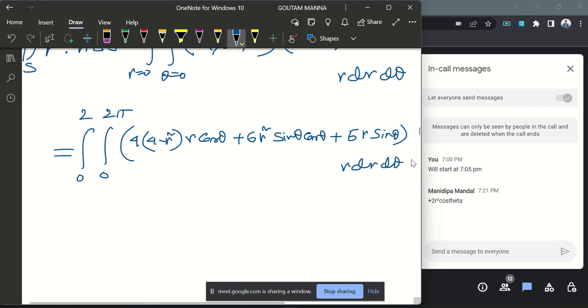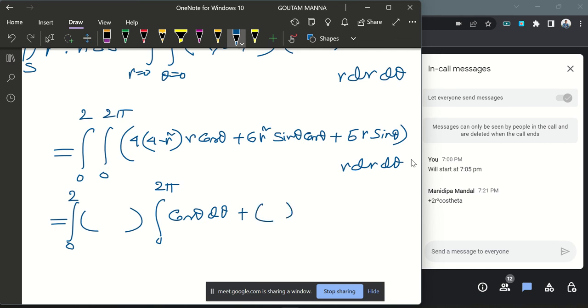So now if we do this theta integration first, there will be some r dependent function, and then the cos theta integration from 0 to 2 pi, a full period d theta, plus some r dependent function times the integral of sin theta cos theta, which we can write as 3 r square sin 2 theta, since 2 sin theta cos theta equals sin 2 theta.